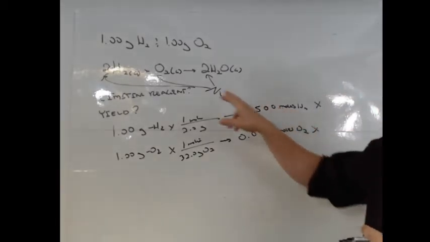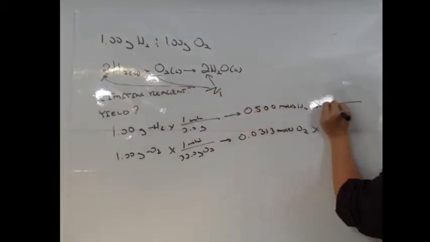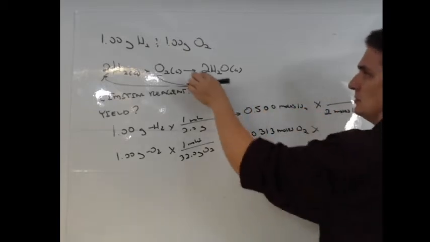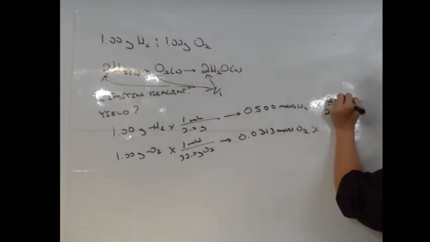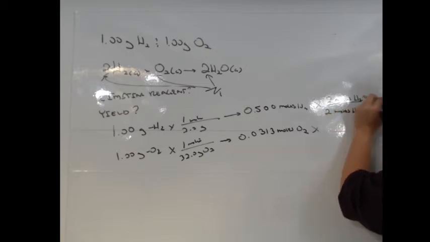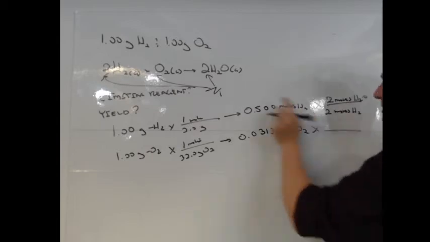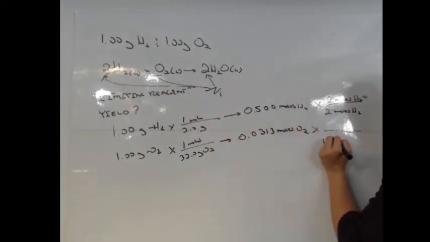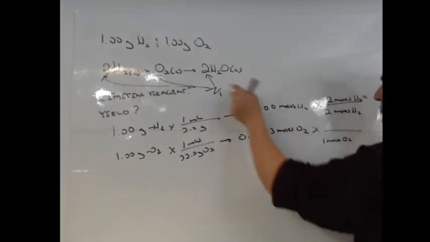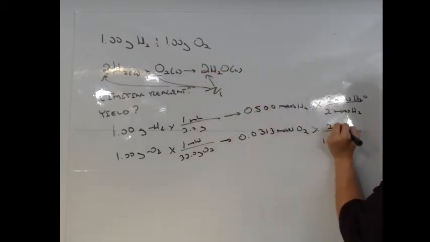So if we have moles of H2, we're converting from that. For every 2 moles of H2, we produce 2 moles of H2O. For oxygen, for every 1 mole of O2, we produce 2 moles of H2O.